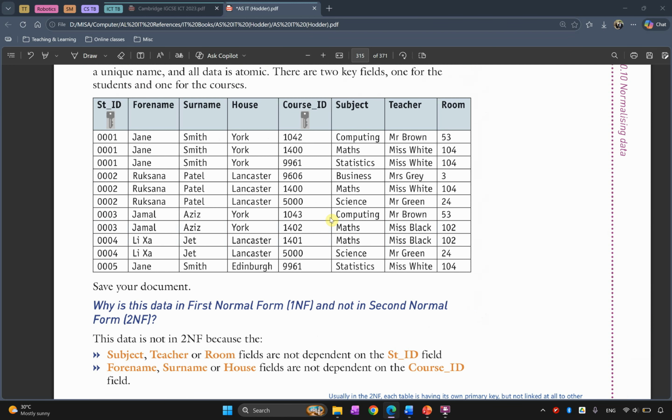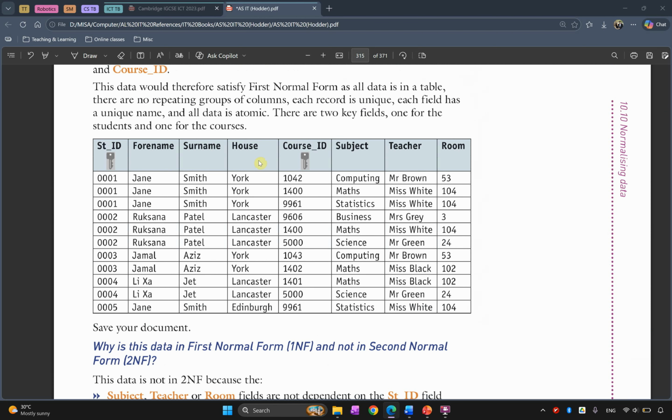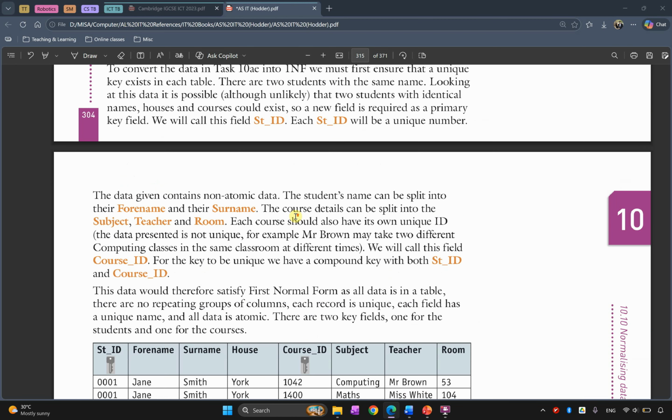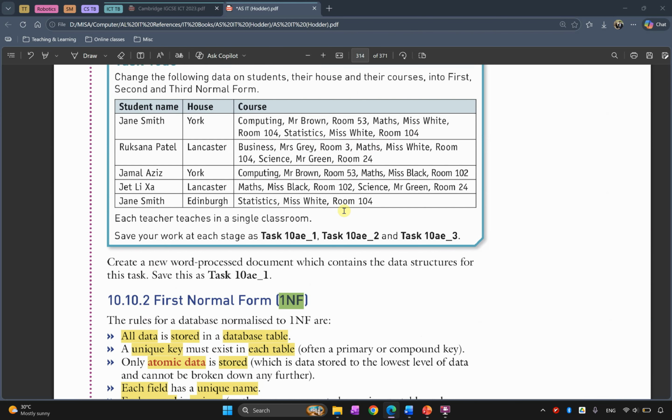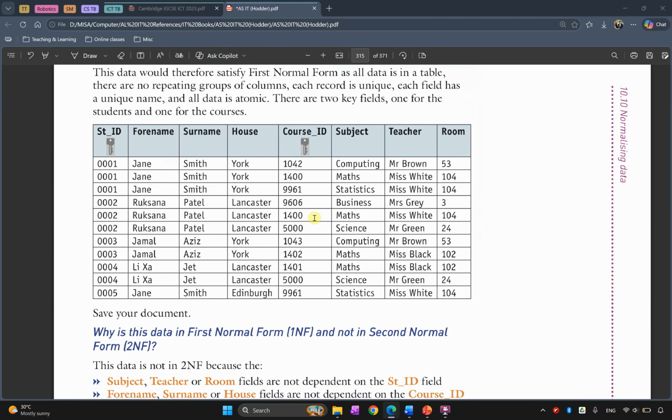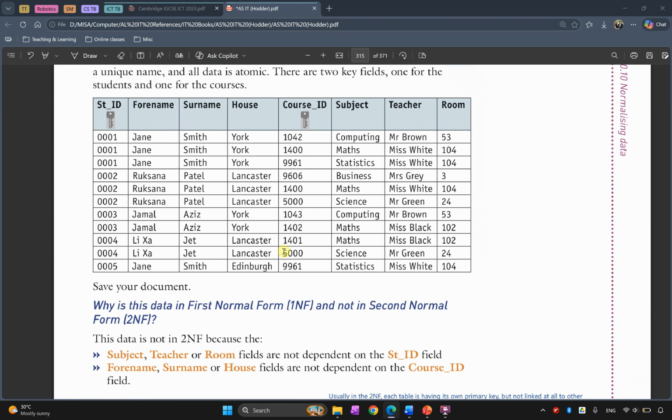First of all, we're going to put non-atomic details into atomic fields. You can see we separated the course. We did not have any course ID, but we put this ID over here to separate it and make sure each course is unique.